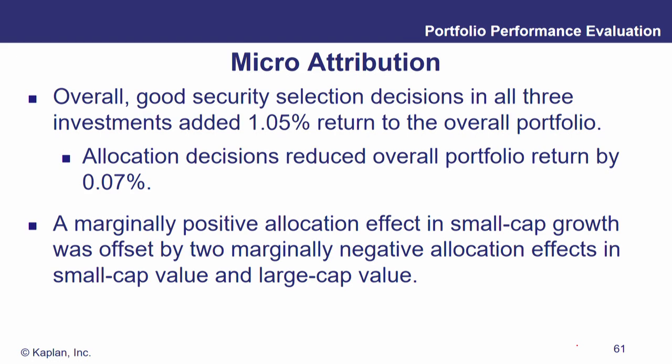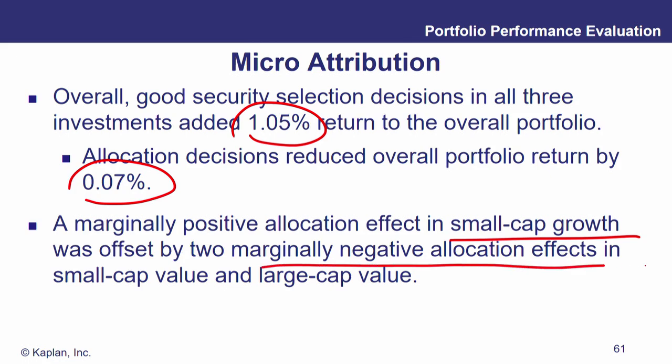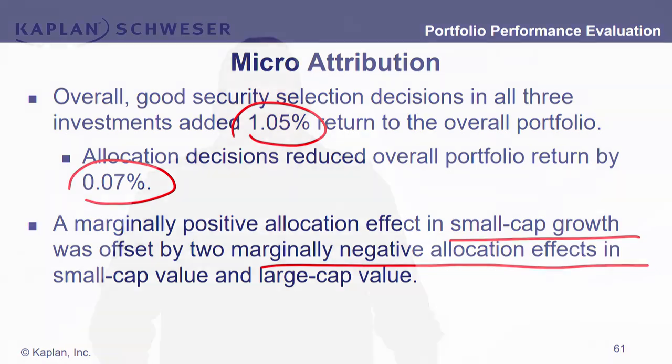So overall, the good security selection in all three investments added 1.05% to the portfolio. The allocation decisions unfortunately reduced the overall return by 0.07, and we saw a marginally positive allocation effect in small cap growth that was offset by two marginally negative allocation effects in small cap value and then actually in large cap value.